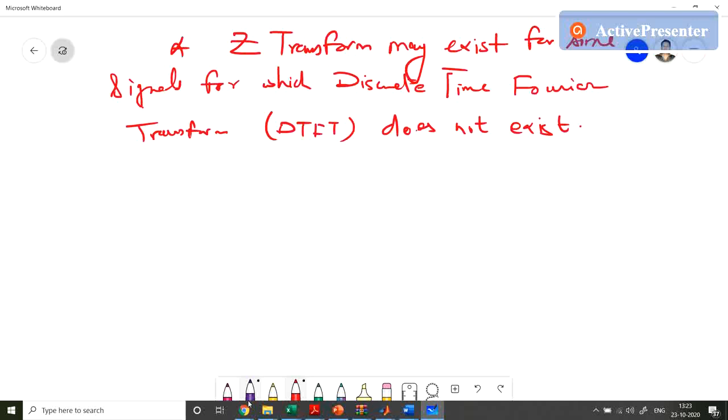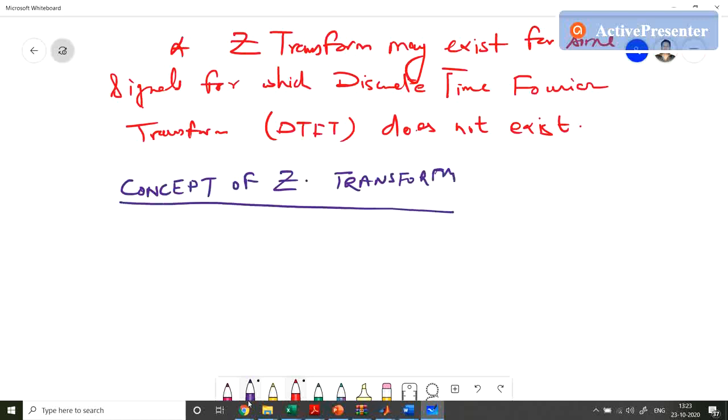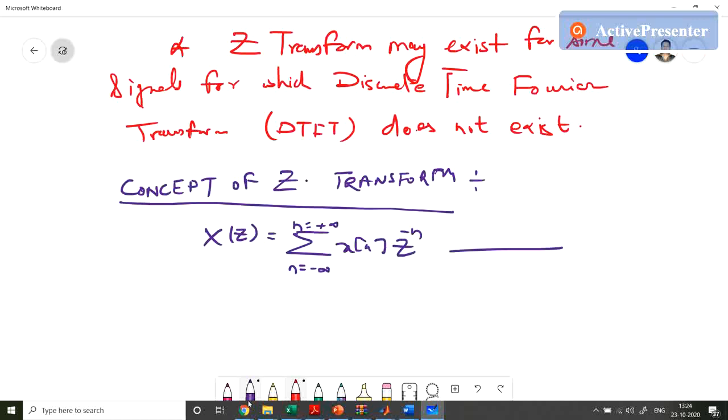The Z transform of a discrete time signal is defined as X(z) equals the summation from n equals minus infinity to plus infinity of x[n] z raised to the power minus n. Let this be equation number 1.